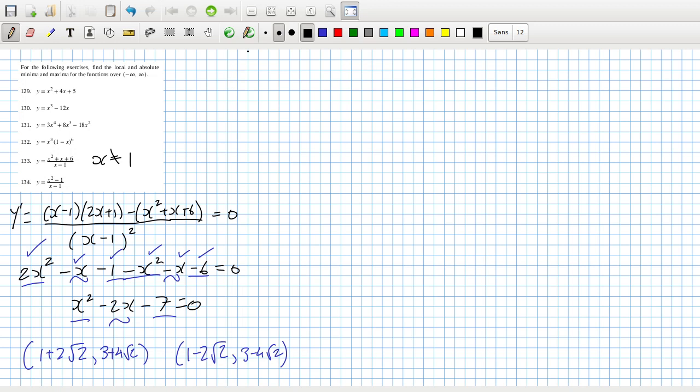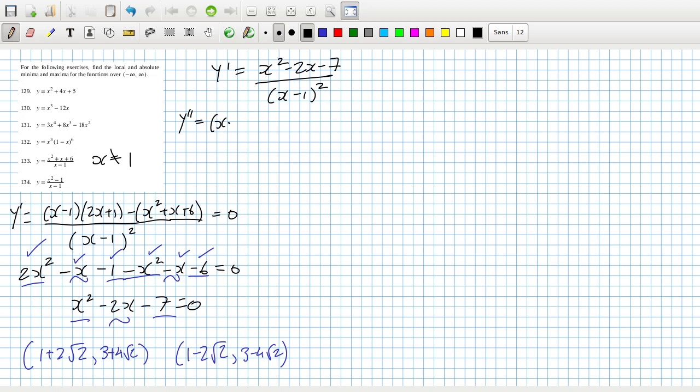Second derivative though. So first derivative is x squared minus 2x minus 7 over x minus 1 squared. Okay.